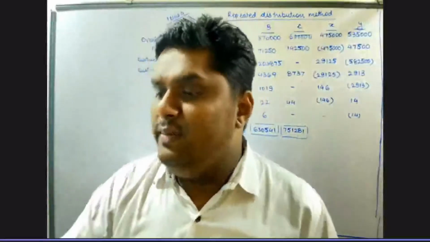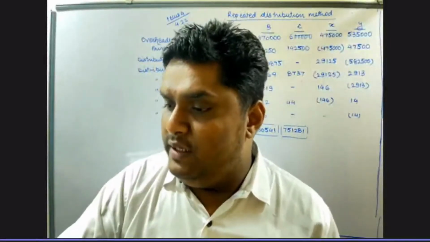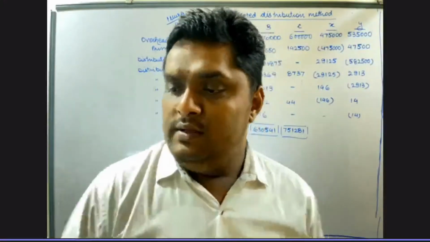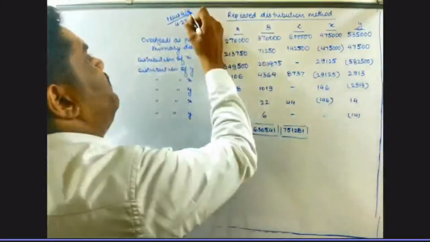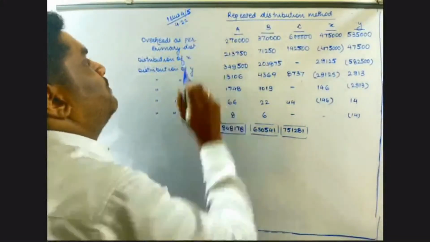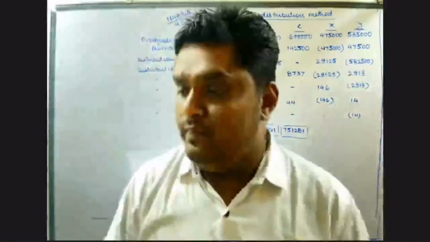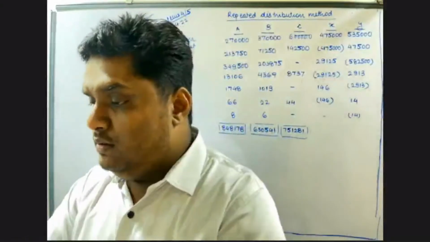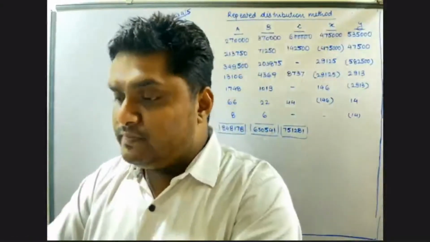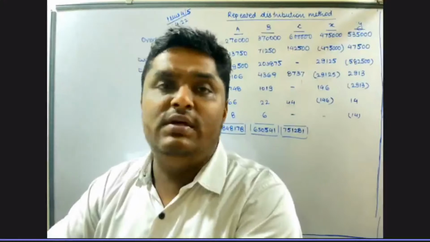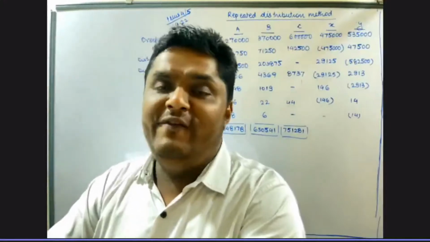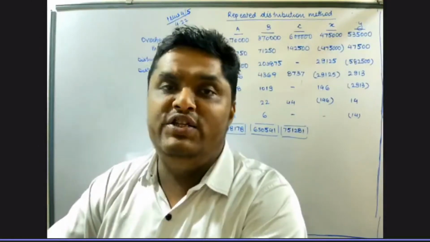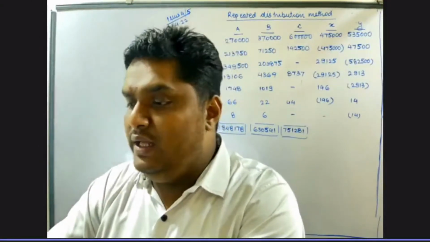I think in the study material, this question is solved using repeated distribution method. One second, guys. It is illustration number 5, the solution is there in illustration number 5. If you guys have any doubts, queries, please post your queries. Yes, this method is time consuming, but if the examiner clearly asks you to solve the question using repeated distribution method, then you have to solve it accordingly.